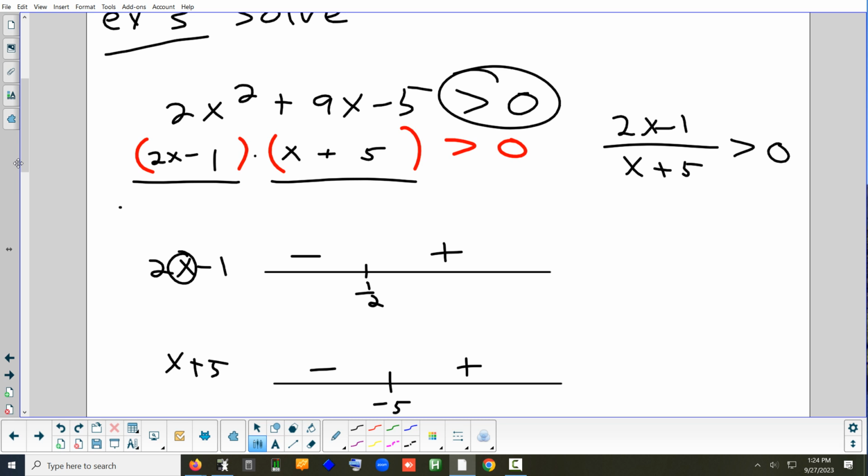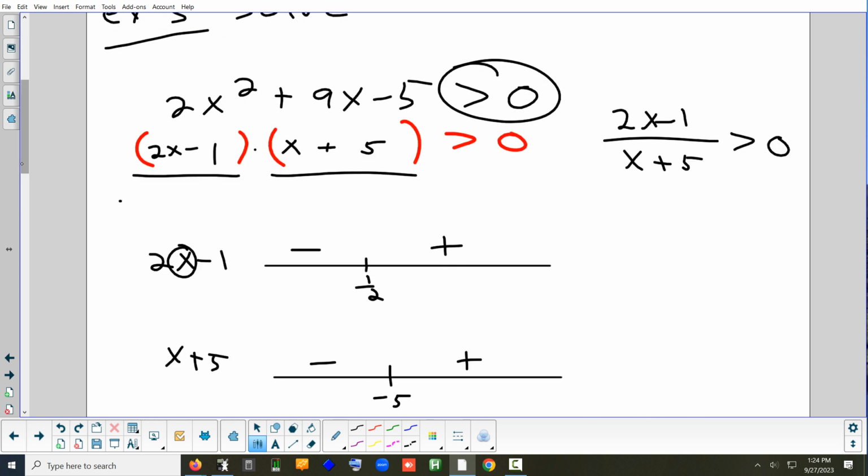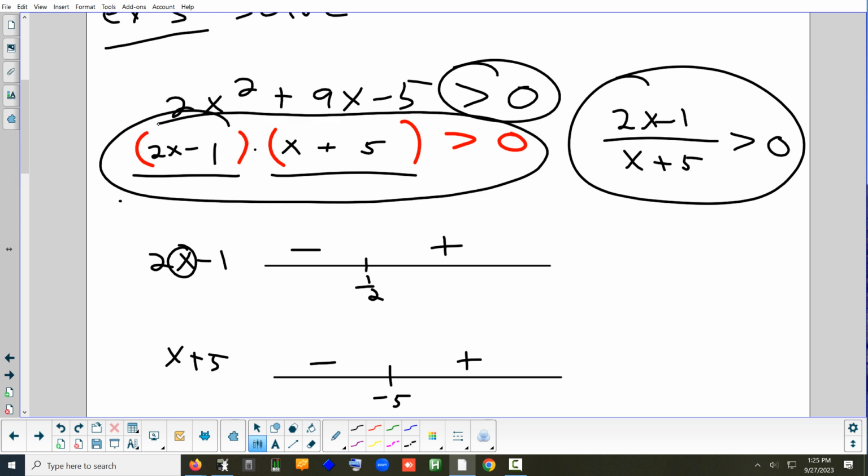It's exactly the same. When you combine the two together, instead of multiplying them, you're dividing them, but it's still the same answer. So this problem would actually have exactly the same answer as this problem. There's no difference in the answer at all.